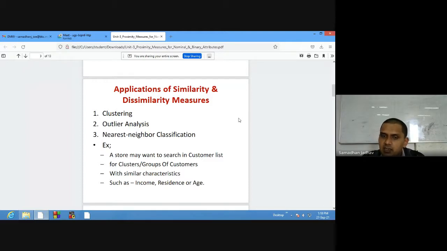We can use the income condition, area of residence condition, and age condition to find the similar customers, and then maybe use that customer list to achieve some business objectives. So these are the applications of finding similarity and dissimilarity between objects.